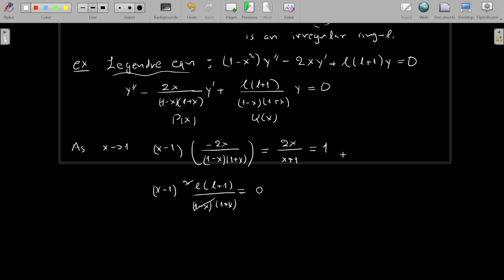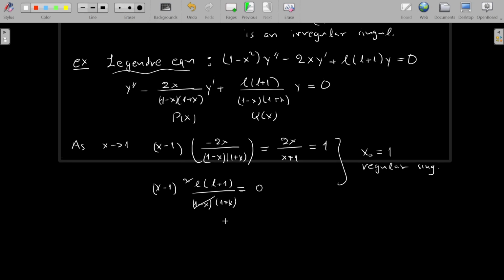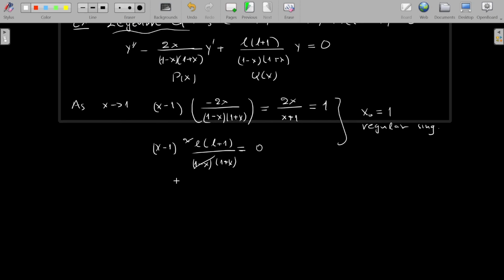So again finite. So x naught at 1 is a regular singularity. The same way you can show that x goes to minus 1 is also a regular singularity.